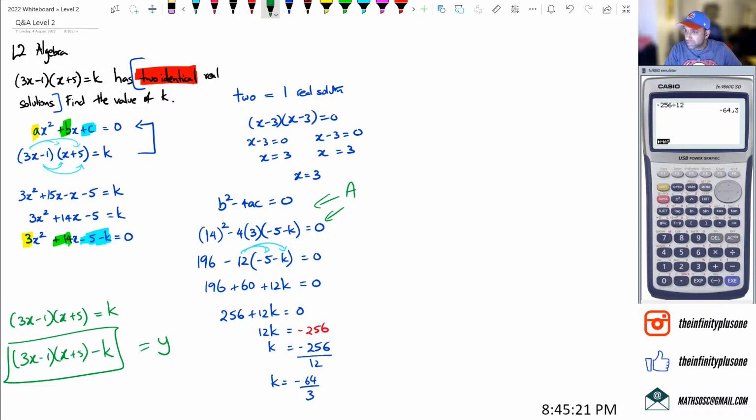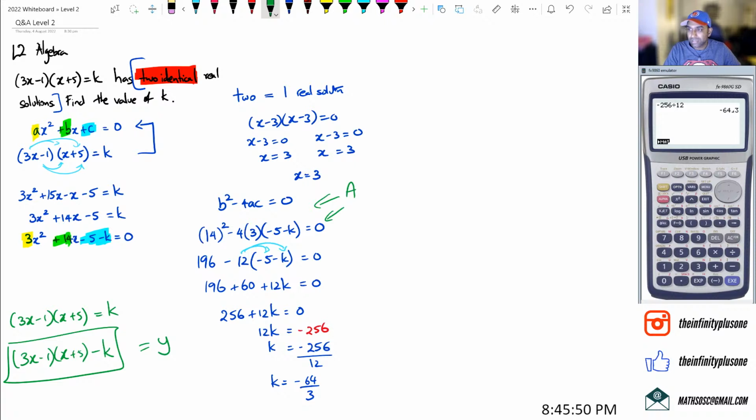Now, as you can see, when k changes, you've got no roots, then something happens here where there's 1 root, and then it breaks off. So if I put in negative 64 over 3, which was our answer, you can see that it has only one root there. So it's basically one solution there.